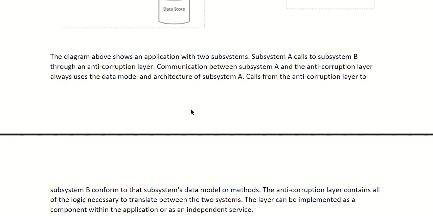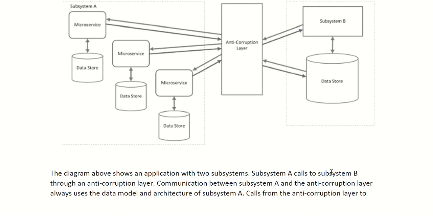Calls from the anti-corruption layer to subsystem B conform to that subsystem's data model or methods. Here, the anti-corruption layer will take the responsibility of transforming the various messages and protocols in order to be compliant with this legacy system, which is subsystem B. So it takes the responsibility of transforming such a request and sending it to subsystem B.